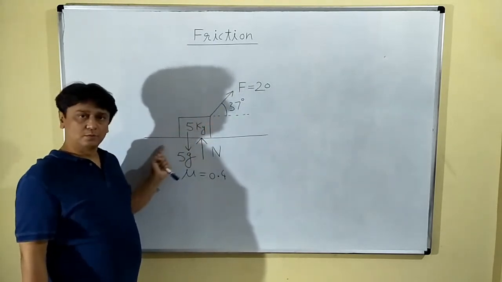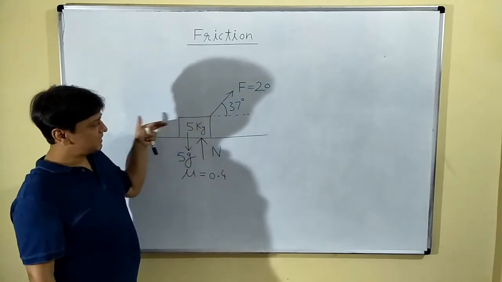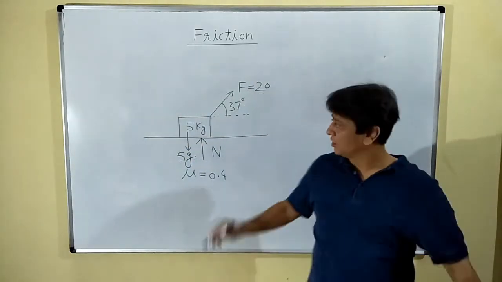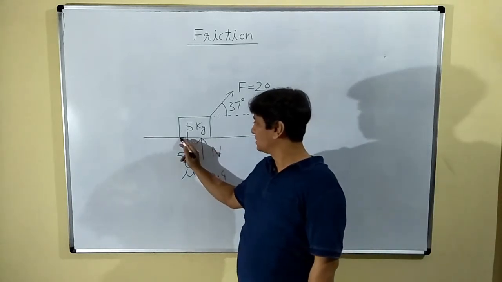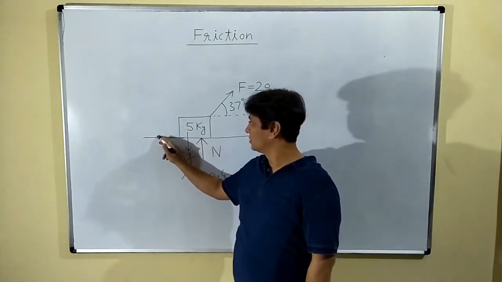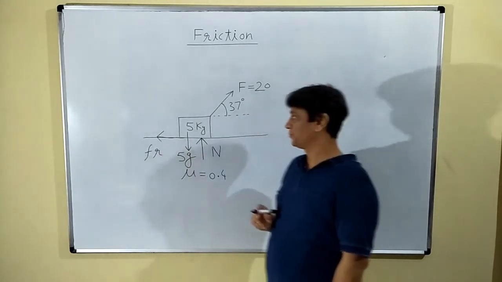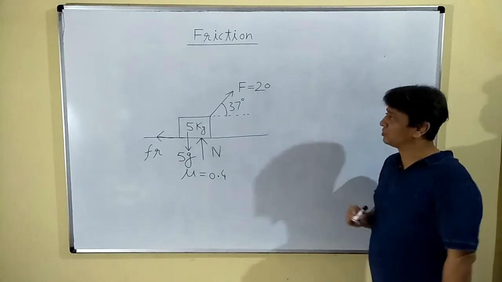With respect to ground, this body has a tendency to move in this direction, and to oppose that tendency, the force of friction will act in this direction. This is Fr. We need to find its value.